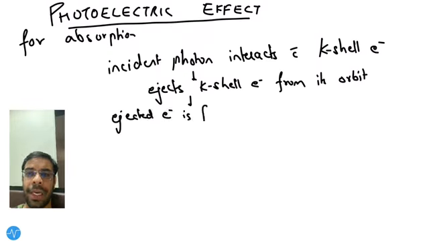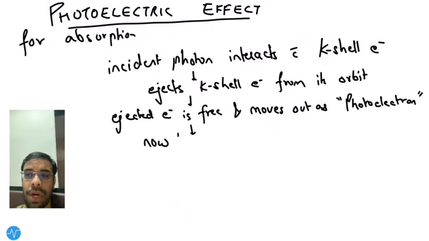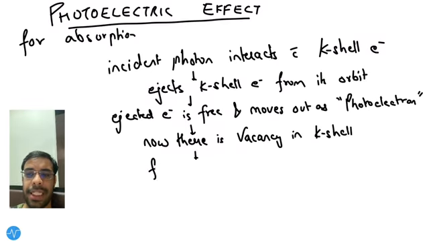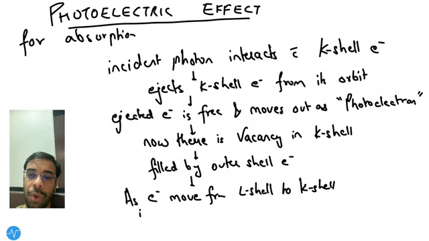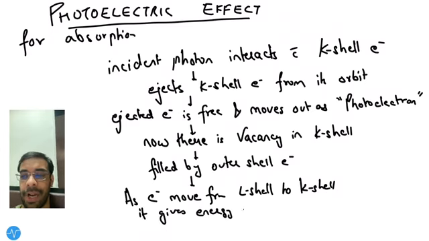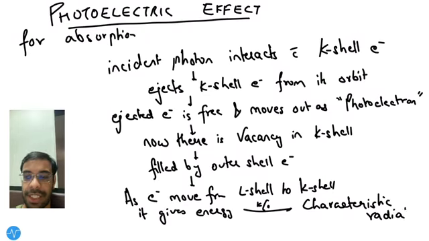This ejected electron is free and it will move out as a photoelectron. Now there is a vacancy in the K shell. This will be filled by an outer shell electron. As the electron moves from the L shell to the K shell, it will give off energy. This is known as characteristic radiation.